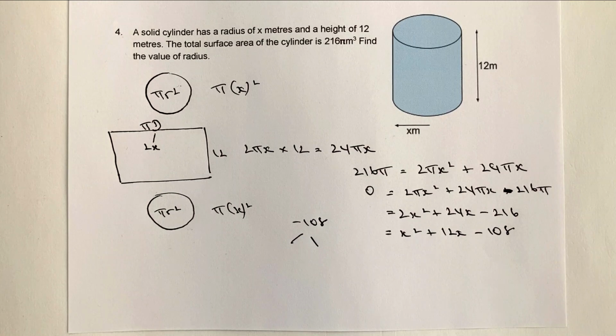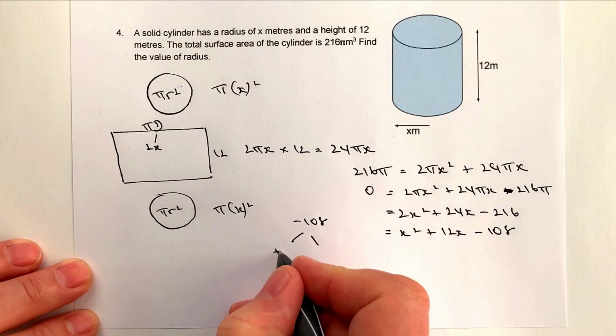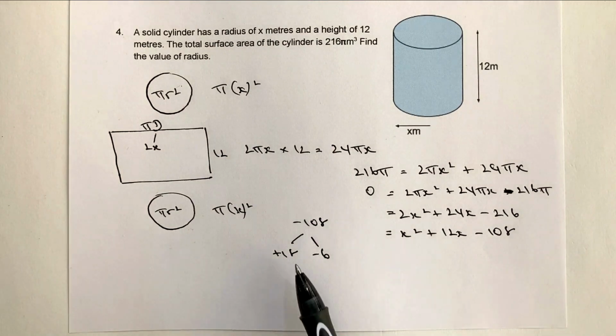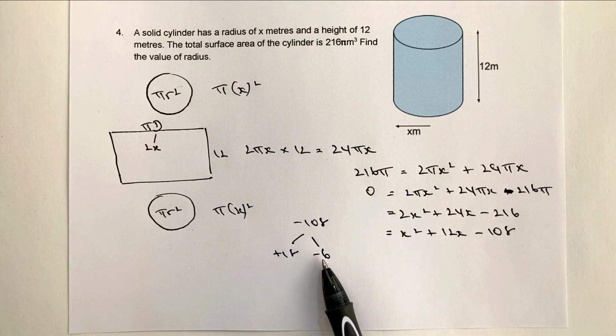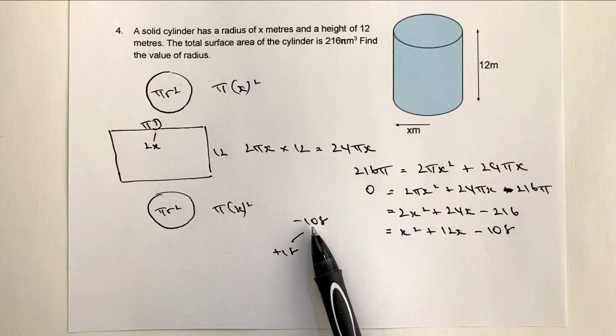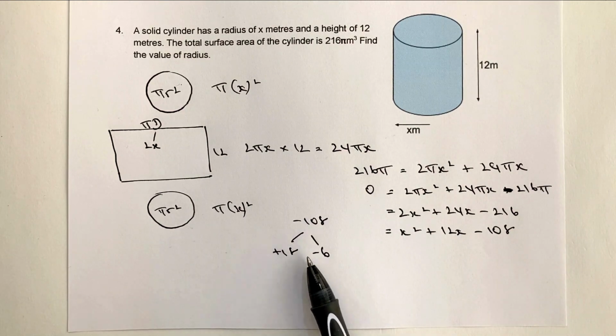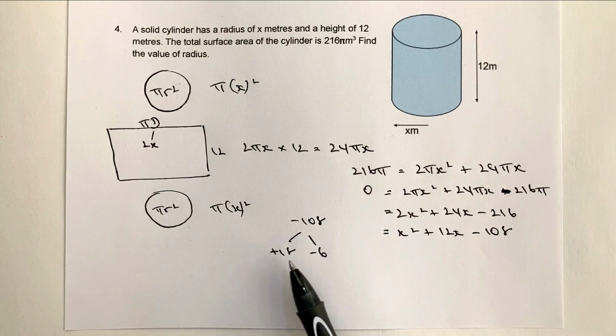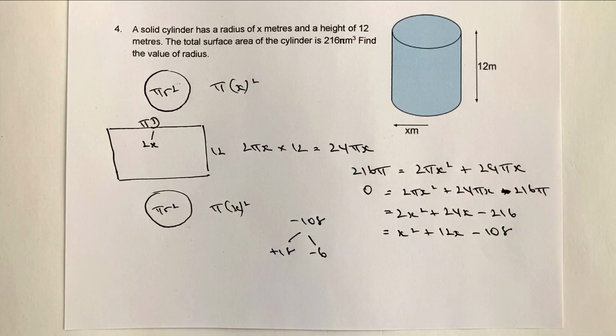Okay, now it is a little bit tricky, this particular one, but you might hopefully be able to work that through to get this to be plus 18 and minus 6, because 18 times minus 6 is minus 108, and 18 plus minus 6 is going to be plus 12. It's the same as saying 18 minus 6 will give you plus 12.